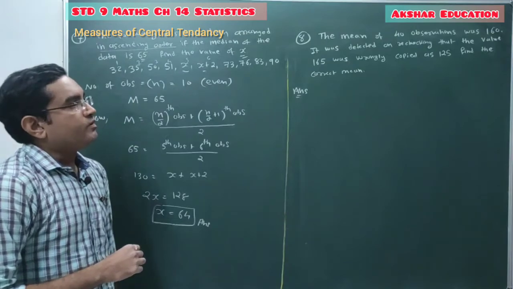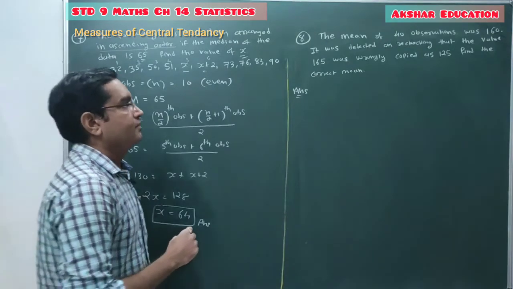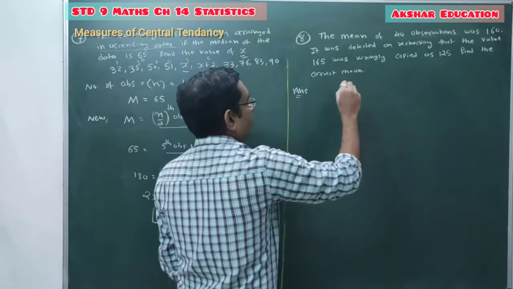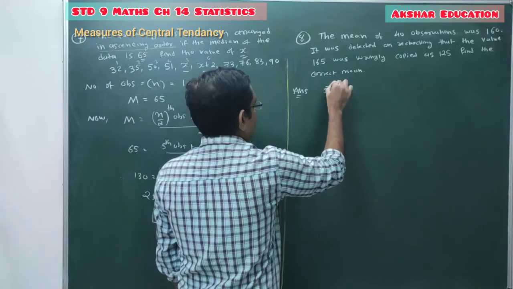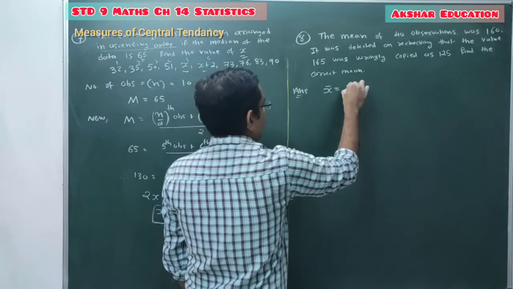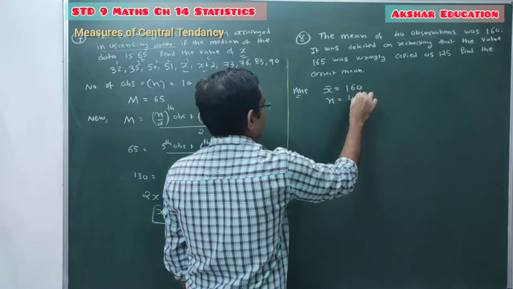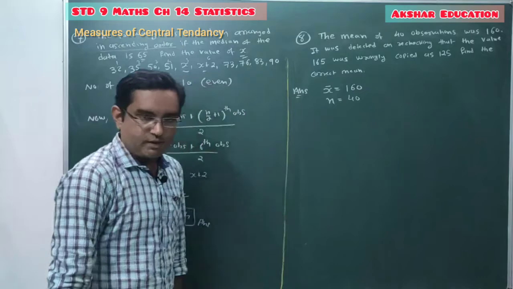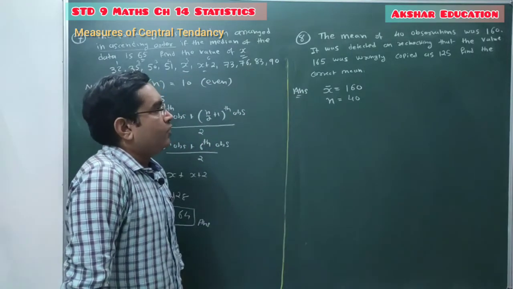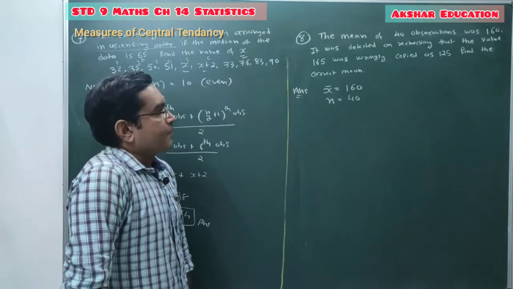The mean of observations was 160. The mean of a total of 40 observations is given. So here x bar, the mean, is given, which is 160, and the number of observations n equals 40.